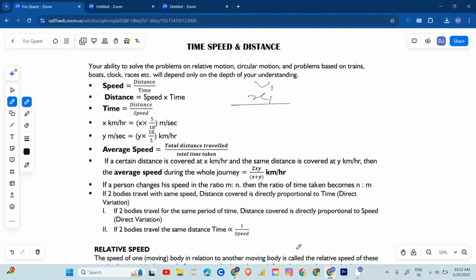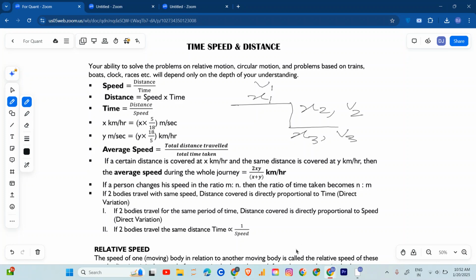Then it goes x2 distance with speed v2. Then it travels x3 distance with speed v3. Fine. Now we want to find the average speed.